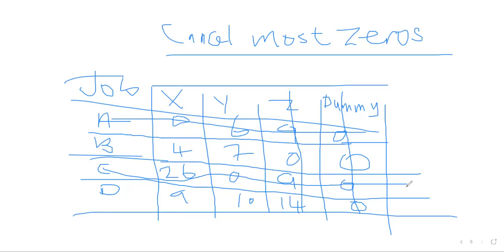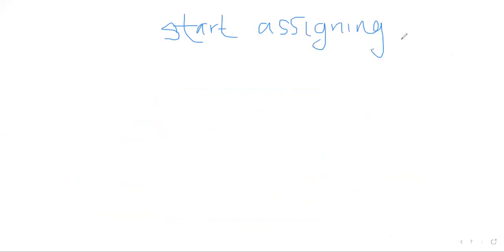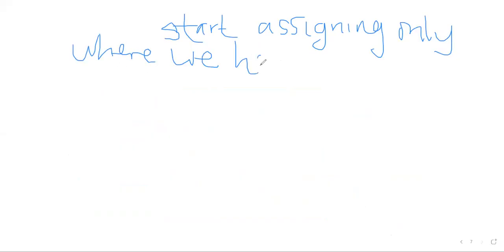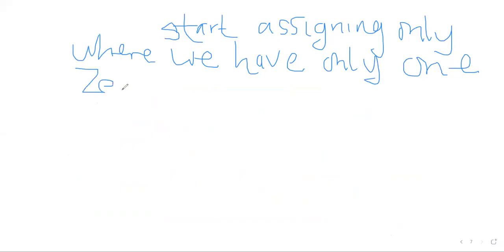So we can start assigning. By start assigning, we assign only where we have only 1 zero in a given row.